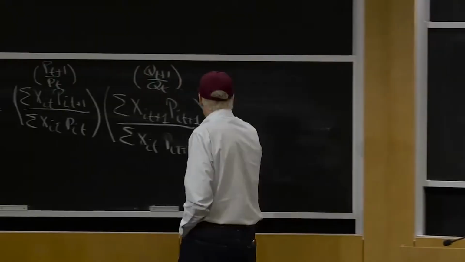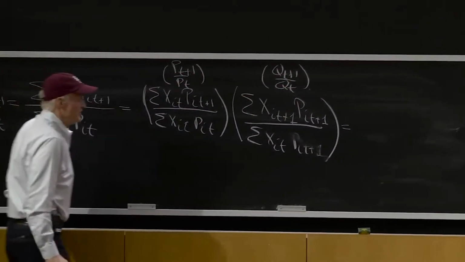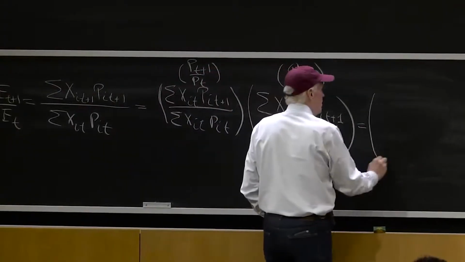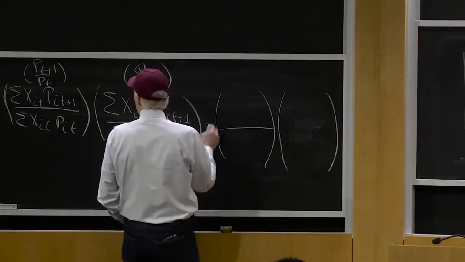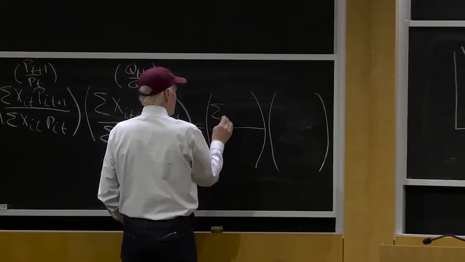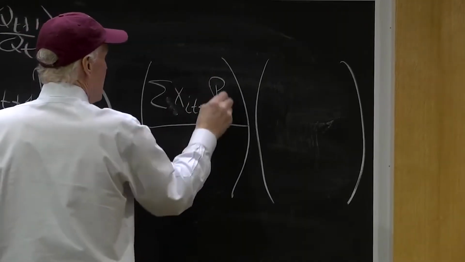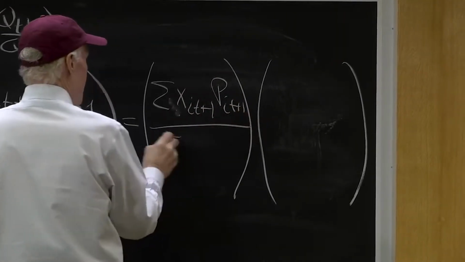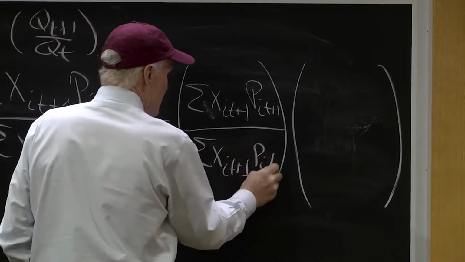Now, there's nothing magical about this particular decomposition. We equally well could have decomposed it the reverse way. We could have made this sum of x_{t+1} π_{t+1} divided by x_{t+1} π_t.